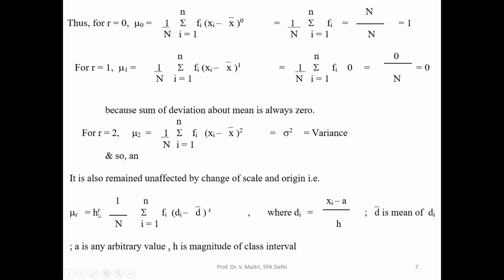So mu r is h to the power r times 1 by N, summation i going from 1 to n, f i times (d i minus d bar) raised to power r, where d i is (x i minus a) by h, d bar is the mean of d i, a is any arbitrary value and h is the magnitude of the class interval. So by changing the scale and origin our formula becomes very simple, and we can use it for large, heavy data also.